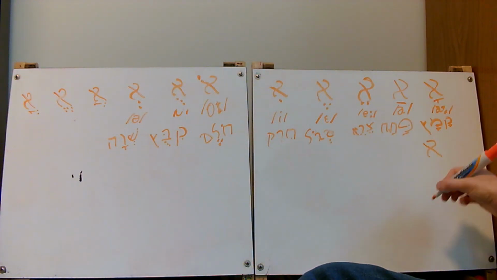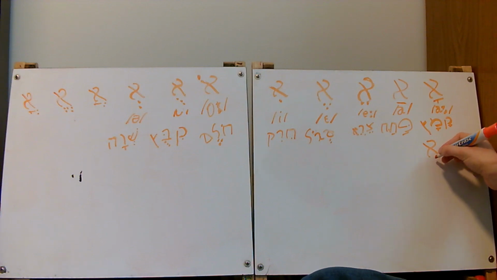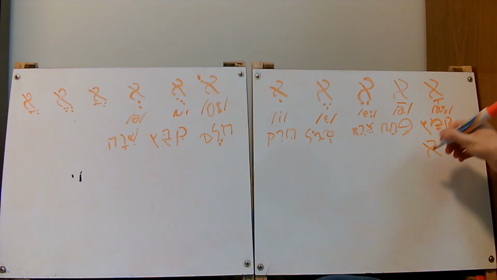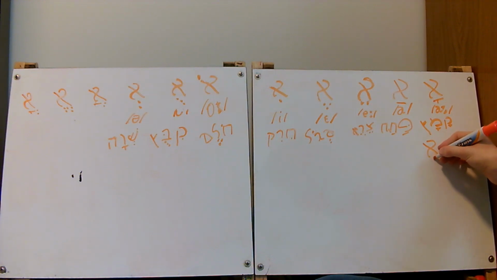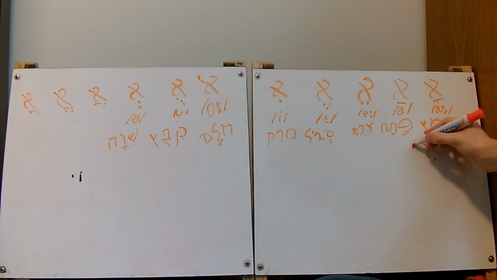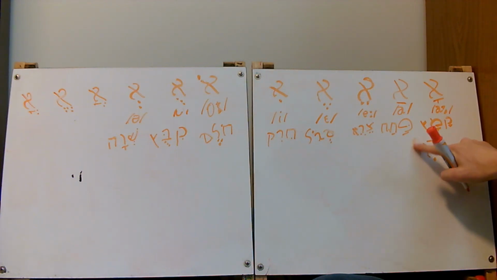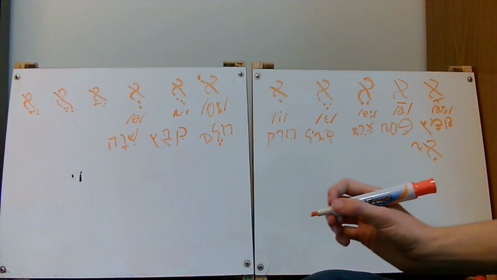Anyway, that's besides the point. Sometimes they would use some letters to represent some long vowels. If we have a chirik and a yod, that's kind of a bad looking yod. There, that's a yod.